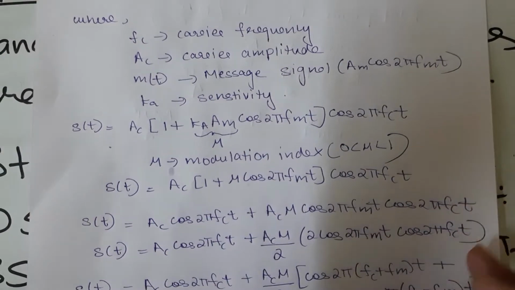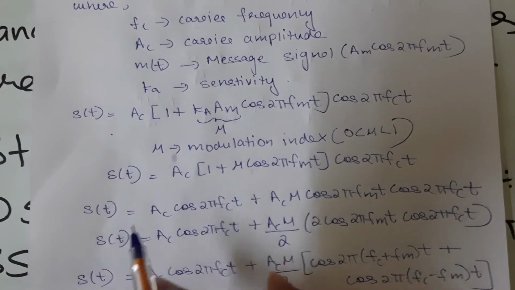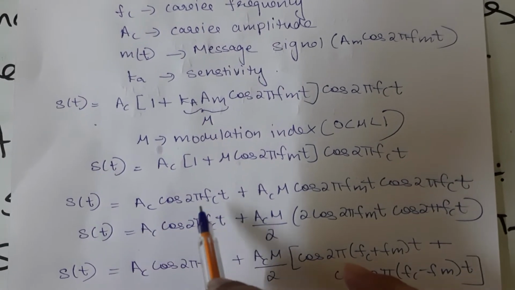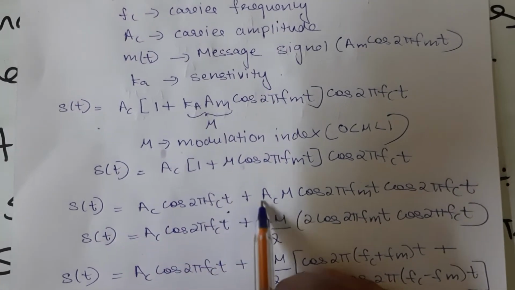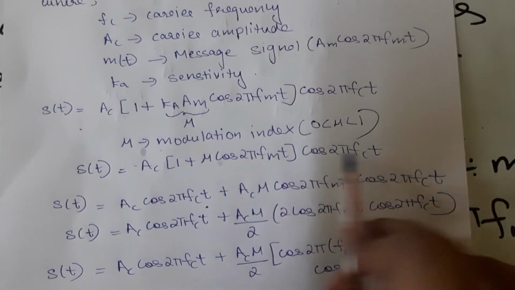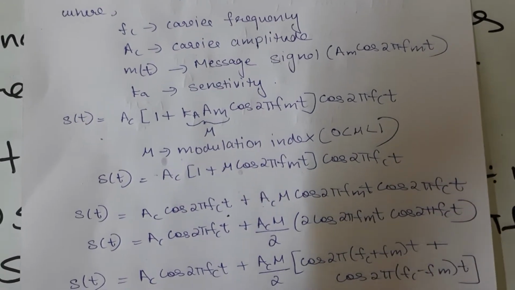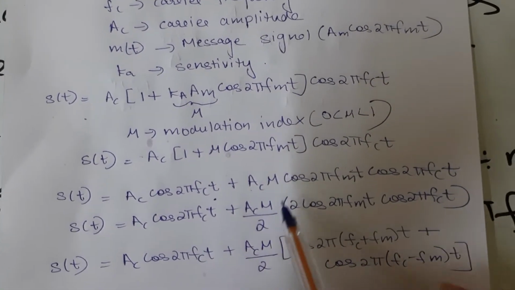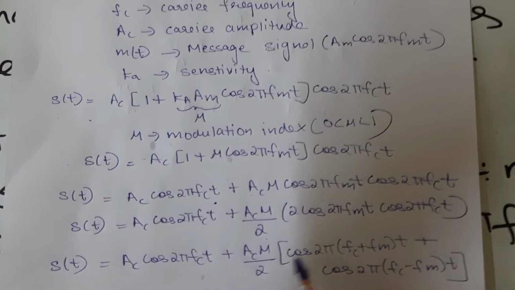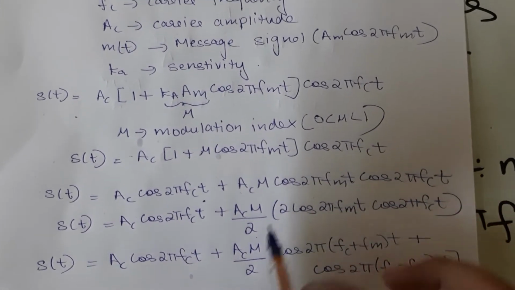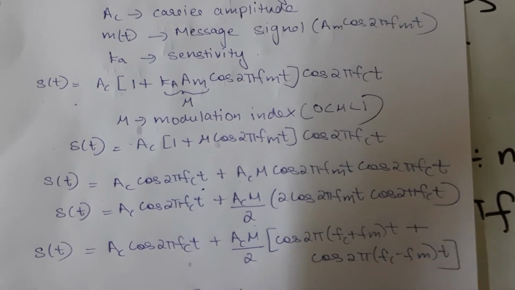Now let us expand. When I expand, I will get s of t as Ac cos 2 pi fc t plus Ac into mu cos 2 pi fm t into cos 2 pi fc t. Now I can leave the first term as it is, and if I multiply and divide by 2 in the second term, we see that I can get the proper identity of cos.